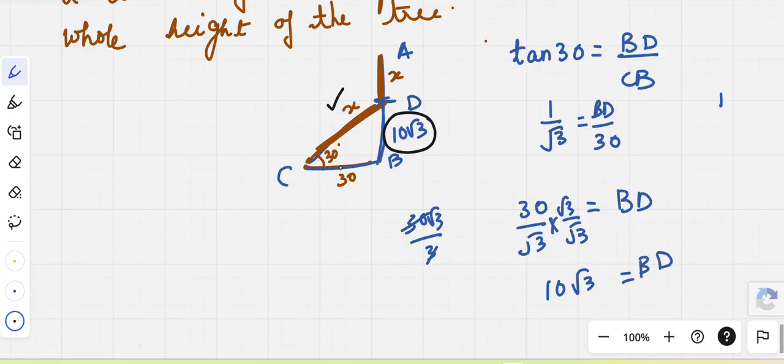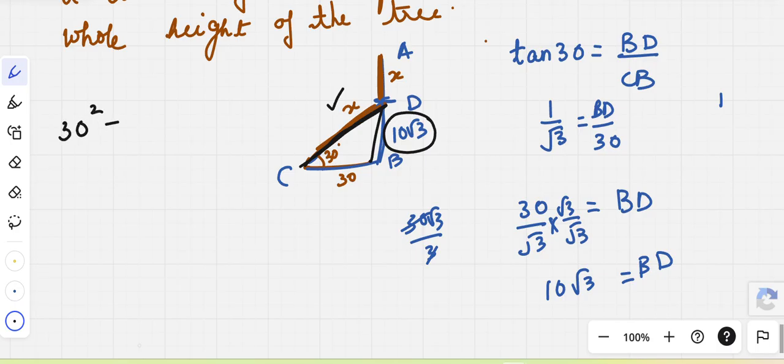So what can I use? I can use hypotenuse and opposite side, or I can use hypotenuse and base. Which one do you want me to use? Ma'am, can't you also use Pythagoras? Oh yes, you can use Pythagoras theorem also, no problem.